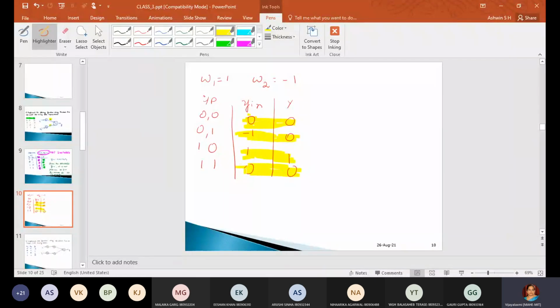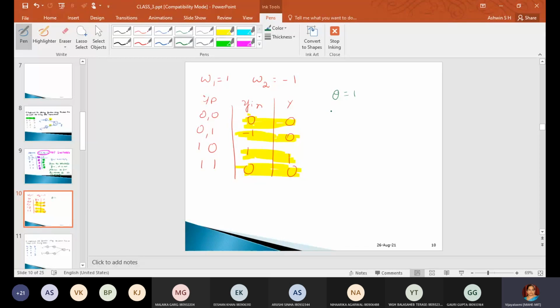Now if you scan the calculated y in and y, is it possible to fire the neuron for the input 1, 0 with a particular threshold value? Yes, ma'am. Yes, very good. So the threshold value will be 1.